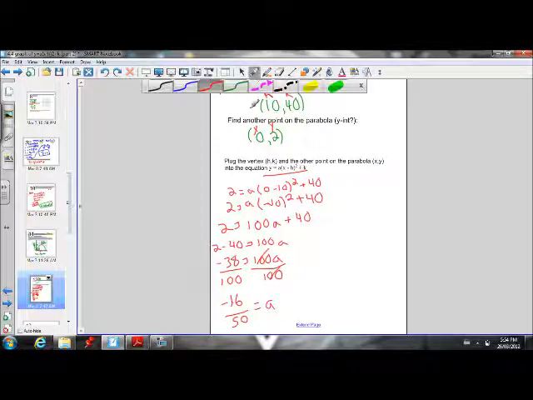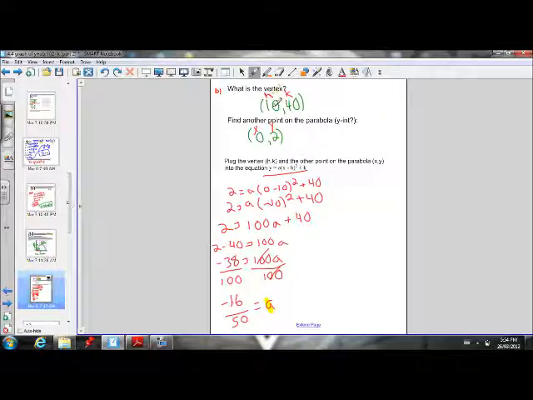And we remember when we write the equation of a parabola, we plug in our values for a, h, and k, and we don't plug in anything for x and y.